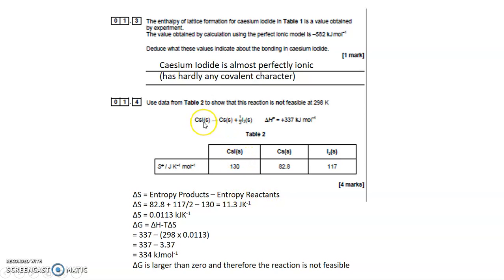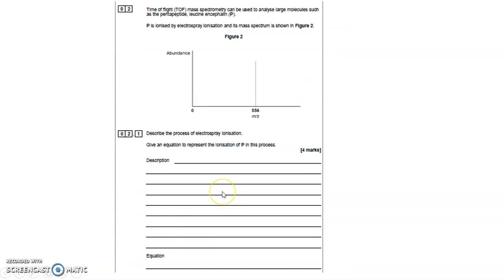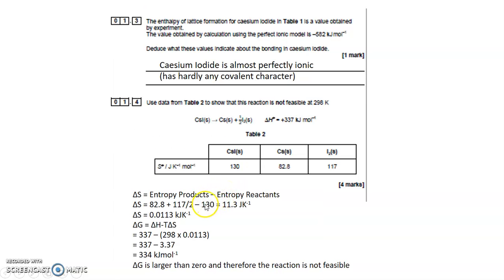Take away the entropy of the reactants. The reactant is cesium iodide solid, 130. I've got to minus that because it's take away 130, take away the entropy of the reactants, minus 130, and that equals 11.3. But if you look here, it's in joules per Kelvin, J K^-1 here, and my delta H is in kilojoules, so I've got to turn this from joules into kilojoules.